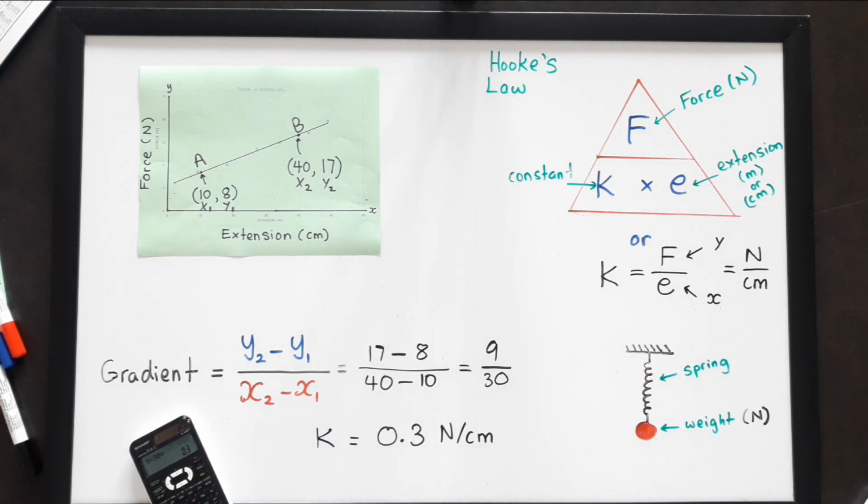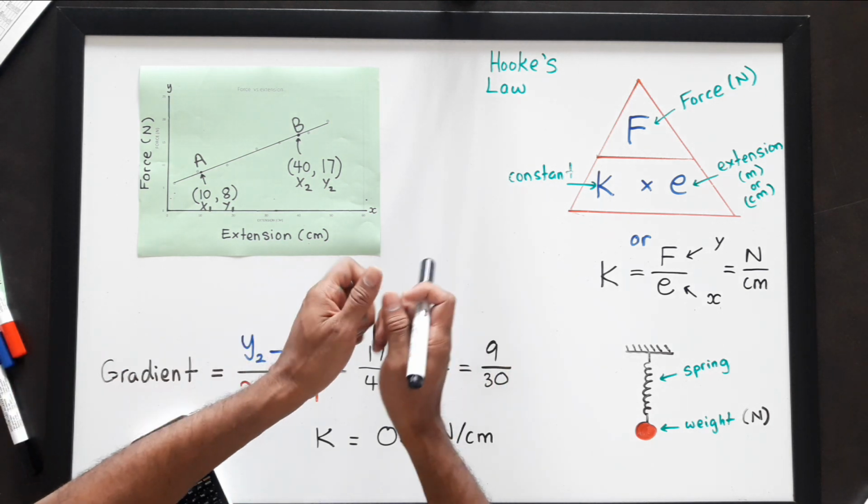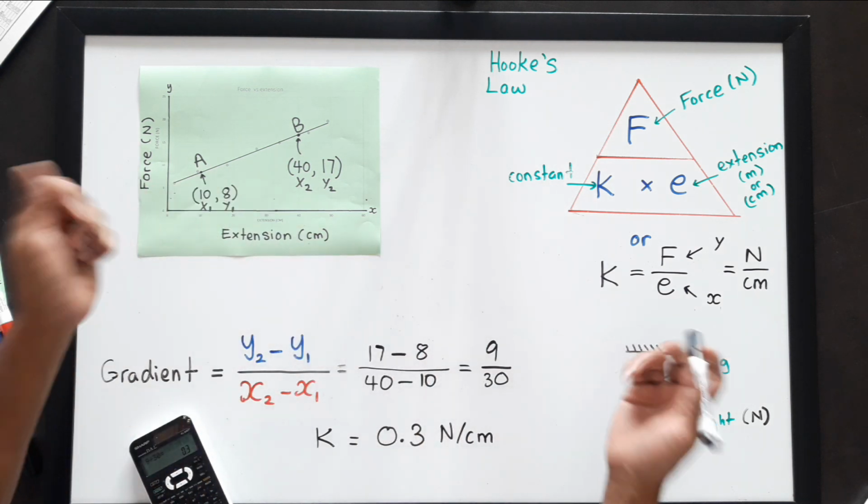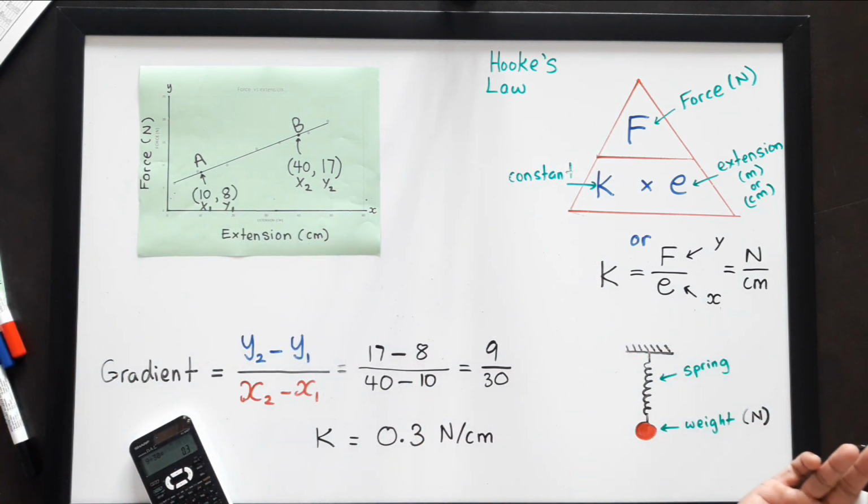I think this is a pretty weak spring, because for every 0.3 newtons, it will extend by 1 centimeter. So I don't think that's a very strong spring. A baby or a child could probably stretch that spring with ease.